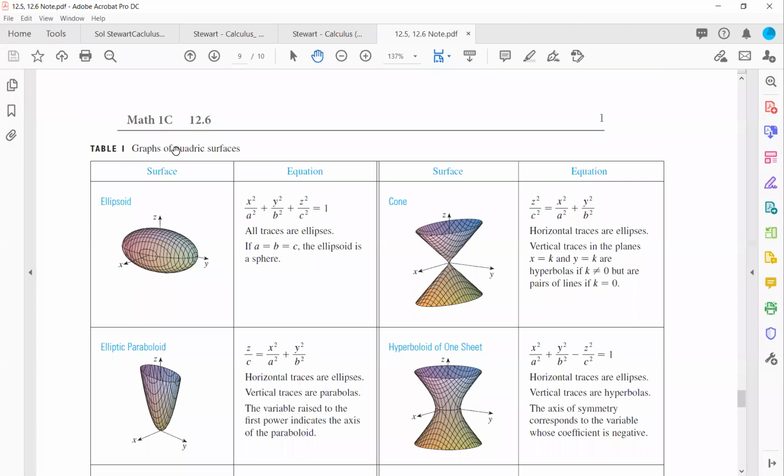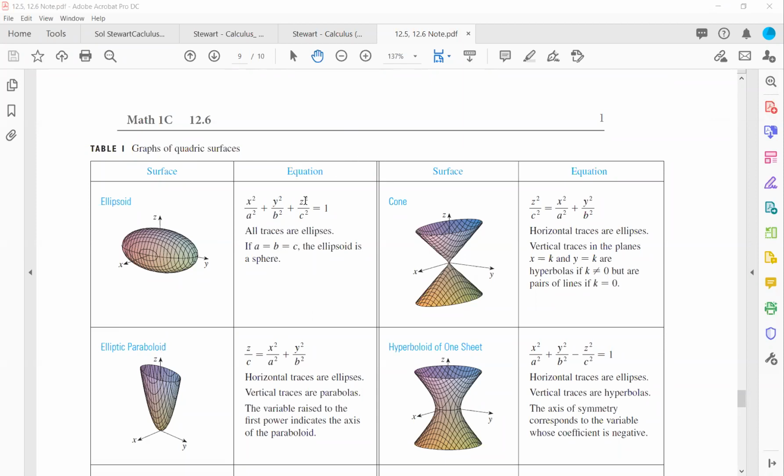So 12.6, we're talking about quadric or quadratic surfaces. The surfaces including 3 variables and the classification of these surfaces along with their equations.